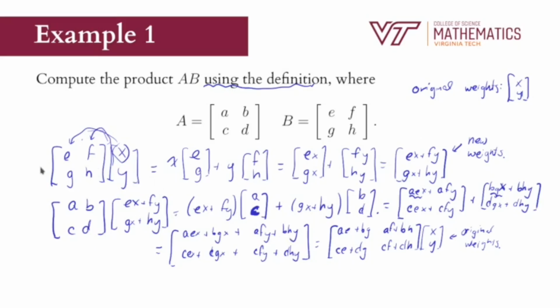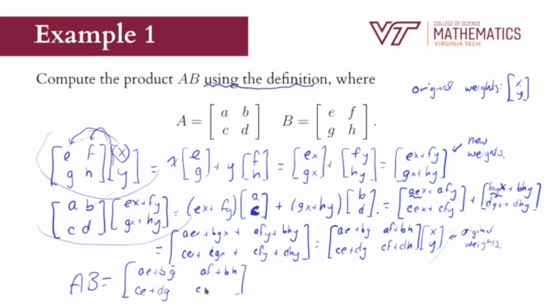That combination of these two linear combinations is the same as this one linear combination. And so the matrix A times B is this matrix here: AE plus BG, AF plus BH, and the bottom row CE plus DG, and CF plus DH.